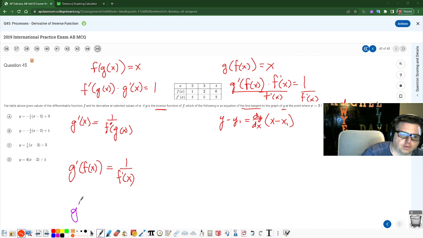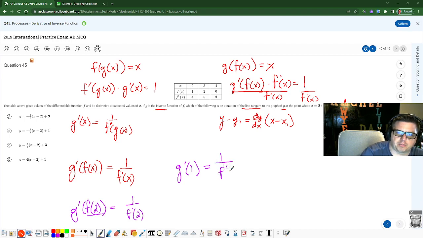So we are looking for g prime when x equals 2. So g prime at f of 2 is 1. So we're looking at g prime at 1. Prime at 2. Oh, we already know that.